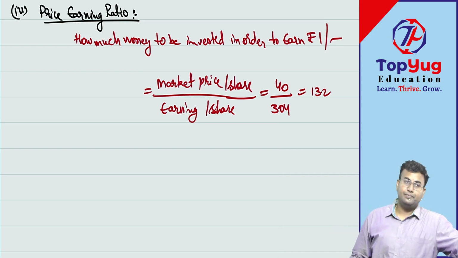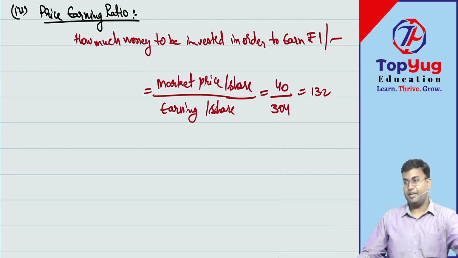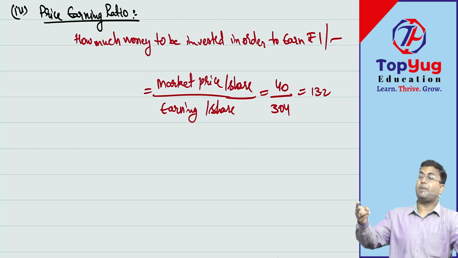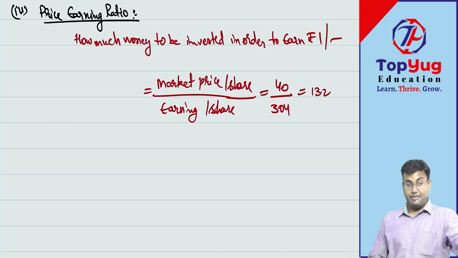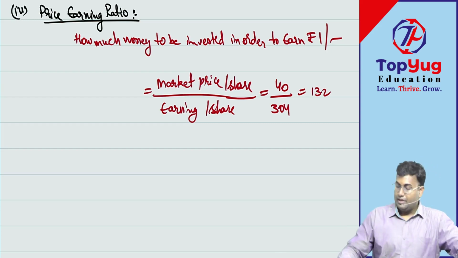Theoretically speaking, the lower the price earning ratio, the better. If you find a company where the price earning ratio is 2, that means 2 रुपए लगा रहे हो, 1 रुपया कमा रहे हो. That means the EPS would be 10 rupees for a market price of 20 rupees. Very good business, na? Yes or no? Yes. Are we all good?